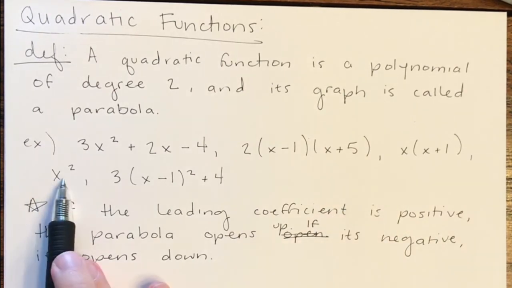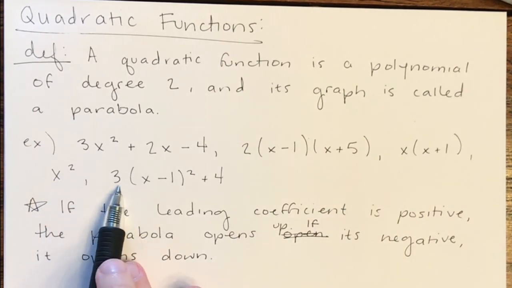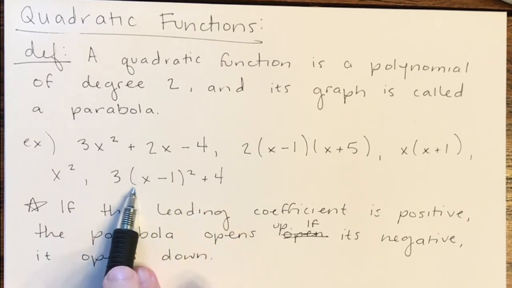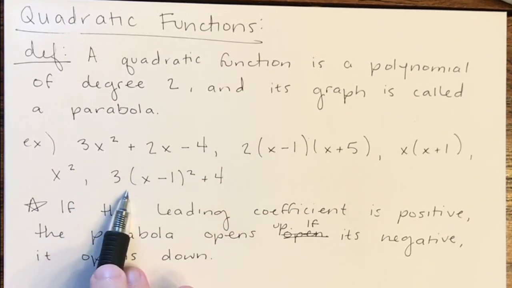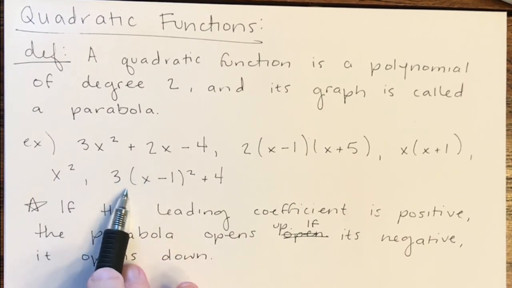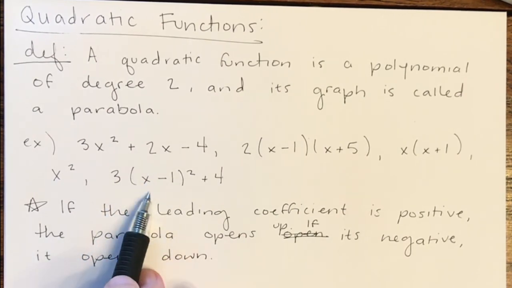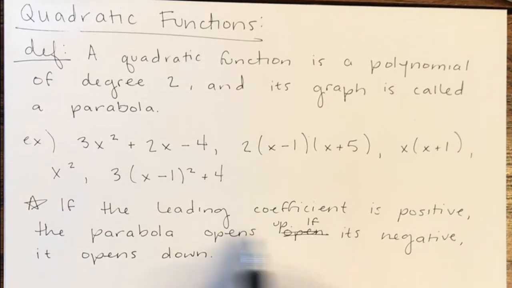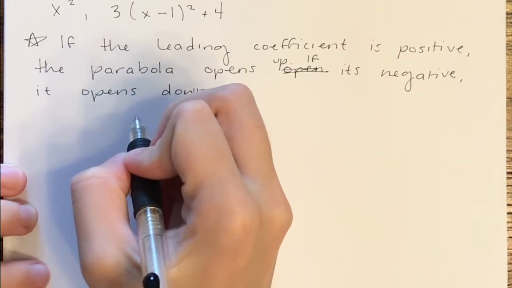Same thing here. And our leading coefficient here, this one's a little bit more complicated, but it is still 3. Because if I was to simplify this into standard form, we'd end up with 3x squared as our first term because there's 2 x's. All right, so that's a refresher on leading coefficient.